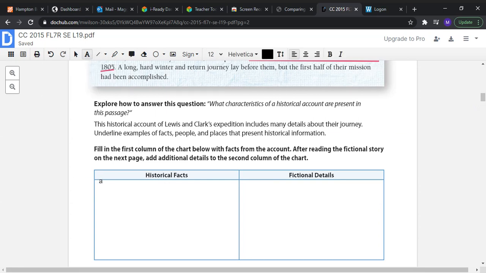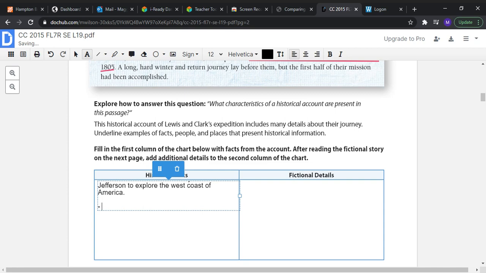So the first thing I'm going to do is say Lewis and Clark were sent by Thomas Jefferson to explore the west of America. And I'm actually going to put a little bullet point here.